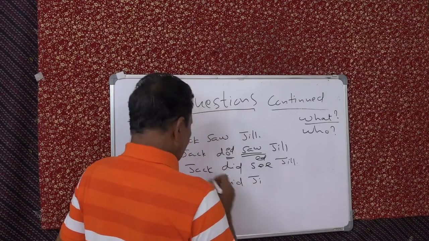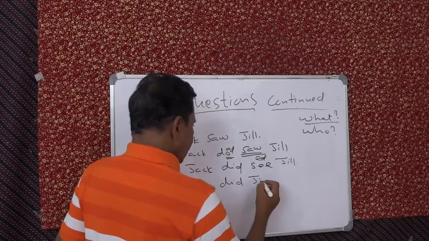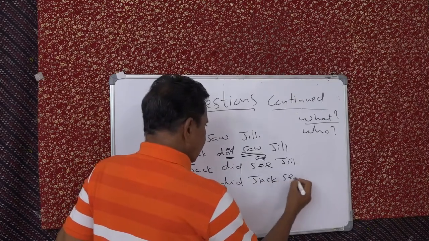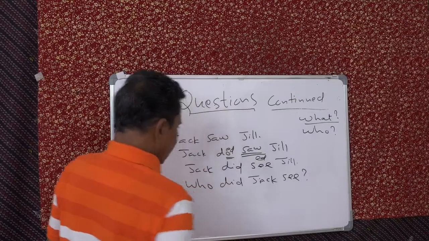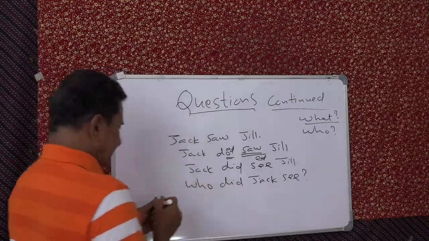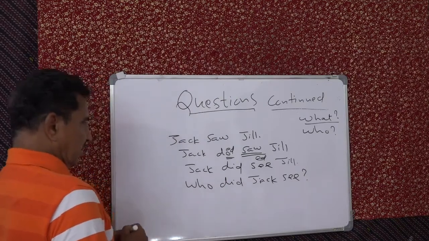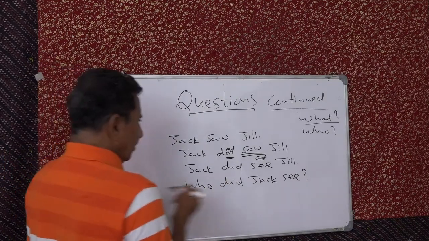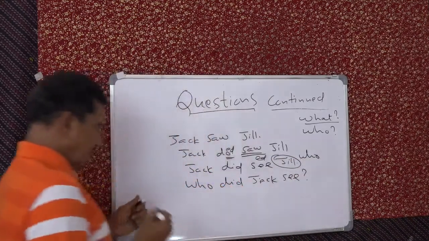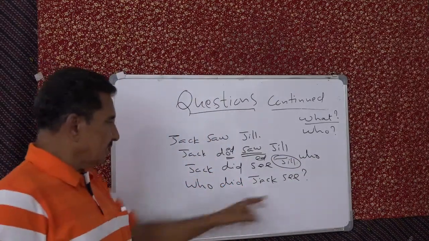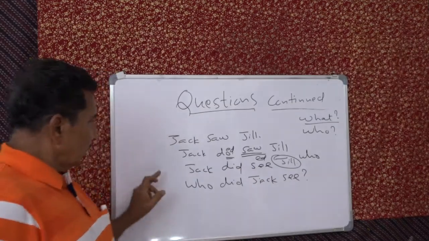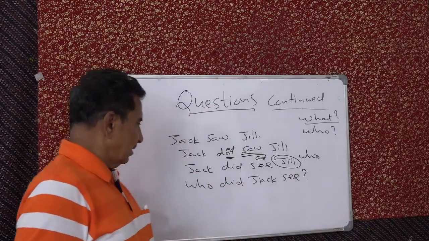Who did Jack see? Question. Who did Jack see? Jack did see Jill. So here you will see, instead of Jill we are putting who. Understand? This is the person, so who? Jack did see Jill. See that?